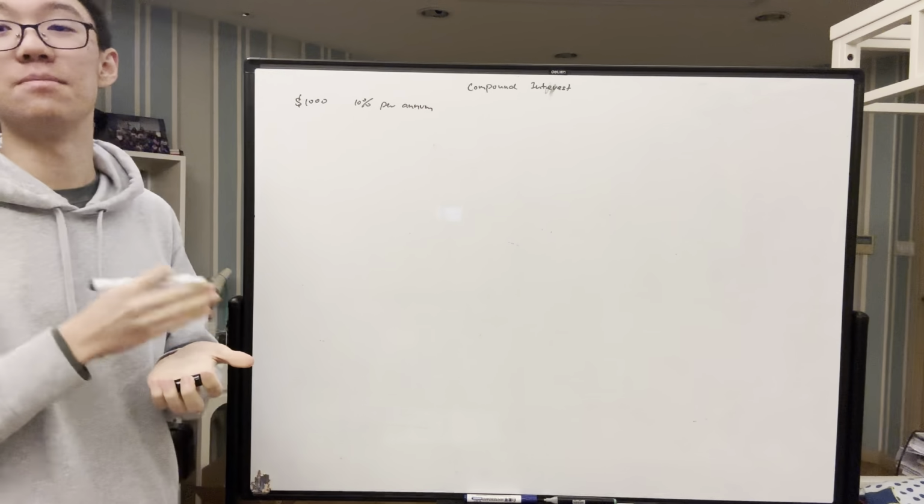Because this is 10% yearly interest, we have to divide that interest by 12. So 10/12% of that 1,000, which will yield you an amount of $1,008.3. And now this is your new principal.